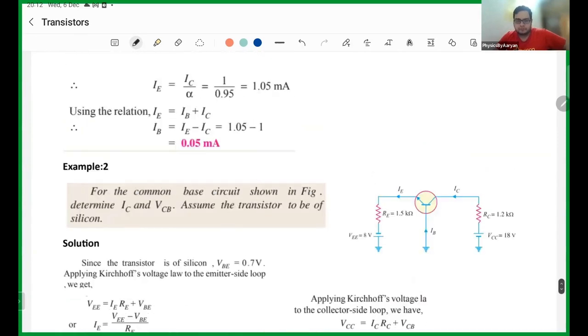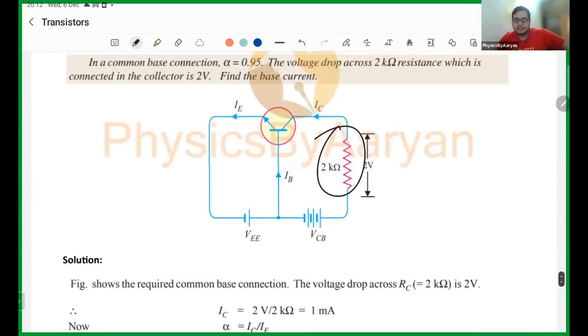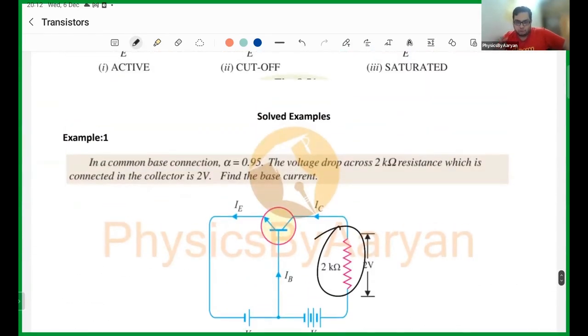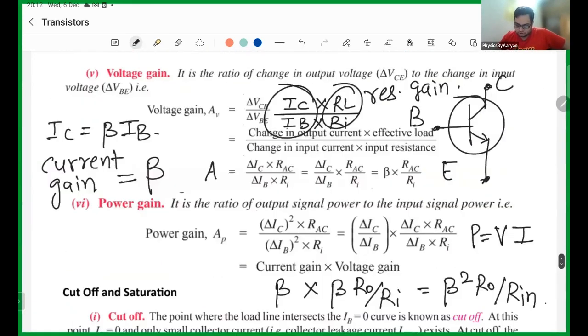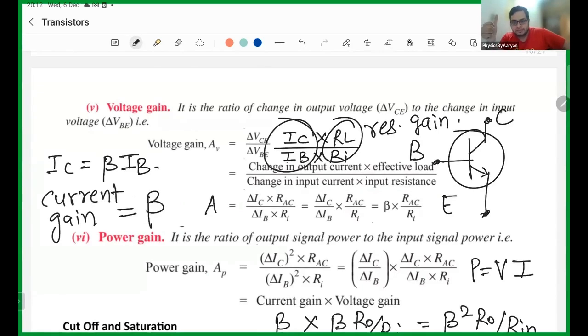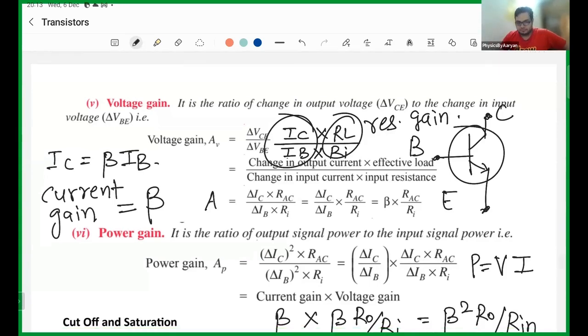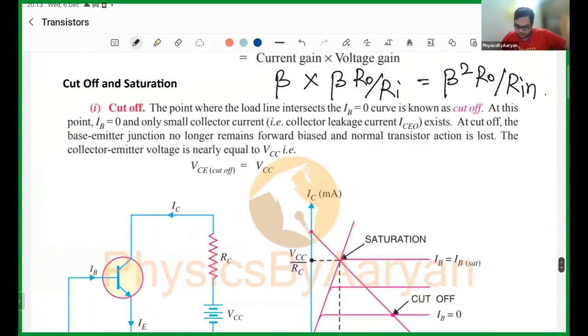Then you don't have to worry. But if they have mentioned that the net output resistance is this, then you have to use that. So remember these formulas: current gain is beta, voltage gain is beta into resistance gain, and power gain is beta square into resistance gain. These are the three very important formulas.